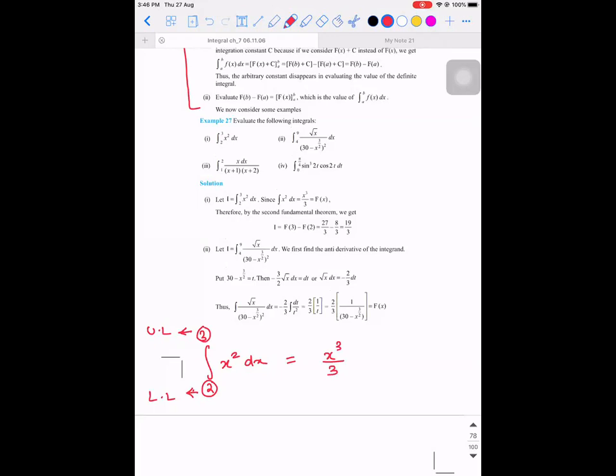Once you get the value, don't put a plus c, because for indefinite integrals alone you need to put a plus c. For definite integrals, we don't need it. Once you get the output function, put a square bracket across it and write the limits on the right side, 2 to 3. Is it clear till this step?